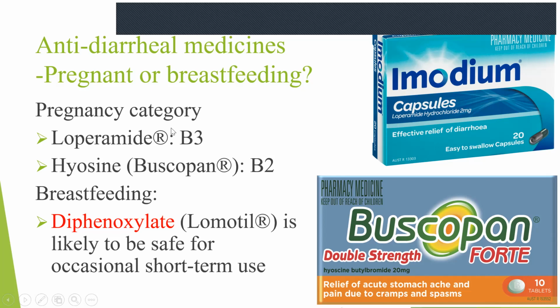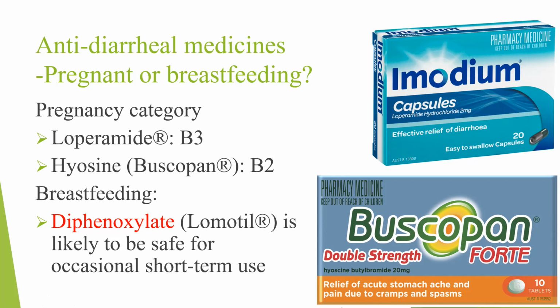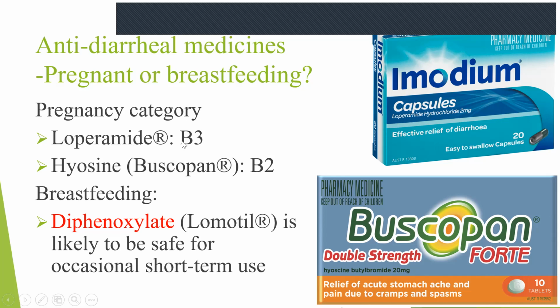So just like I said in the first class in the pharmacy, we always use category A. So even here is B1, no, we don't recommend. So you can see loperamide or buscopan, they're all B3, B2. So it's not recommended.